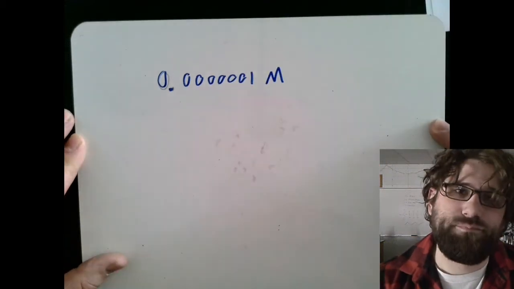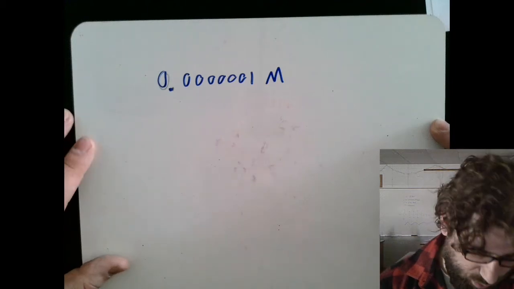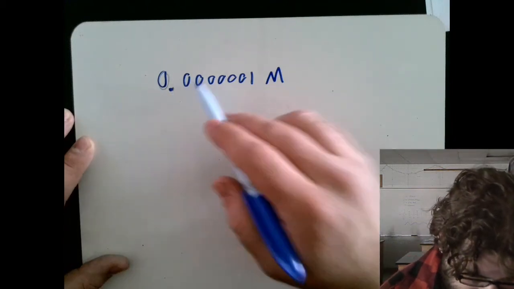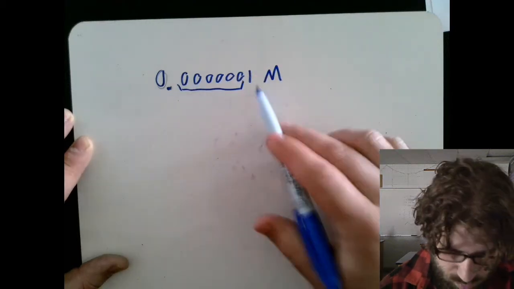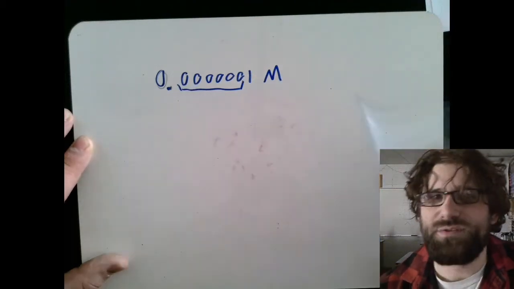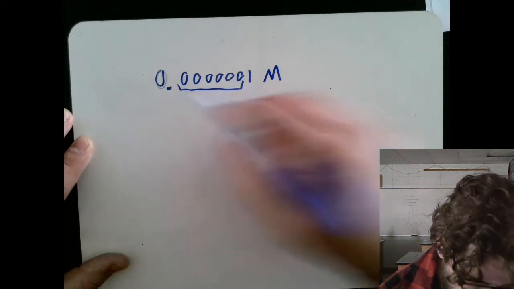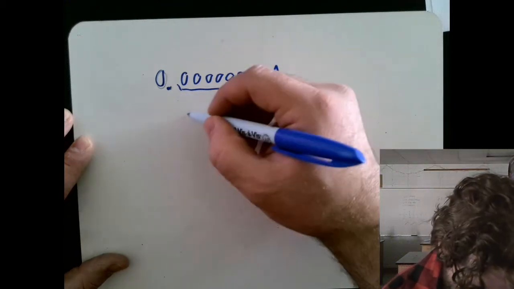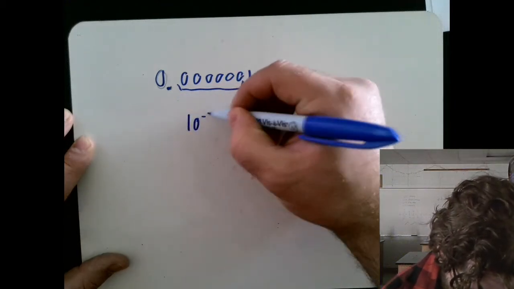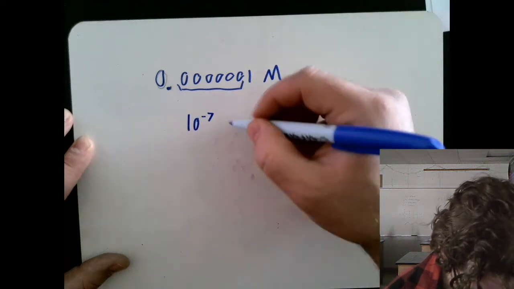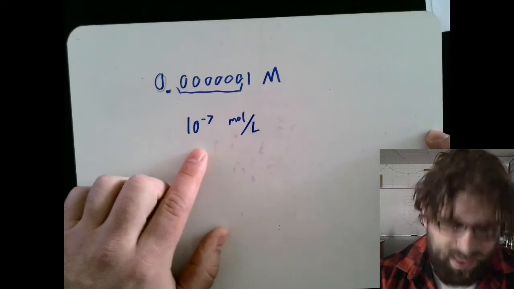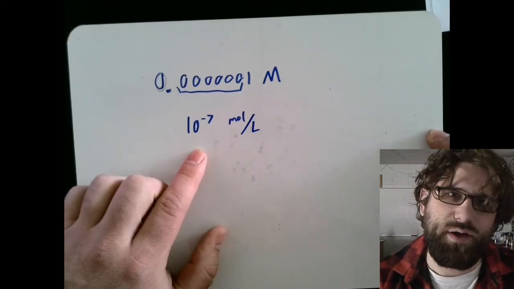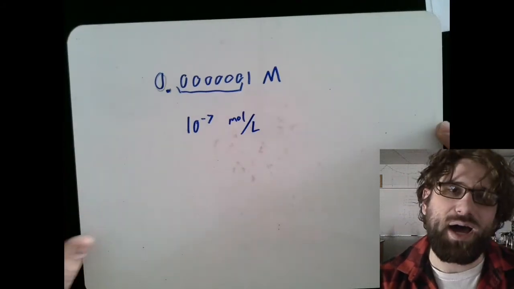Molarity. In 1 liter of water, about 0.00006 zeros right here, 1 moles. So if I write this out in scientific notation, I get 10 to the negative 7 moles per liter. That's the concentration of these hydronium ions.